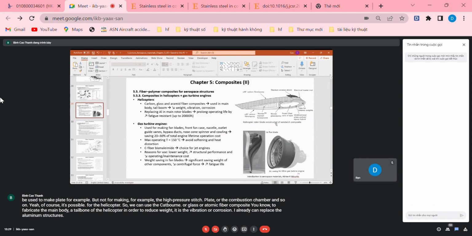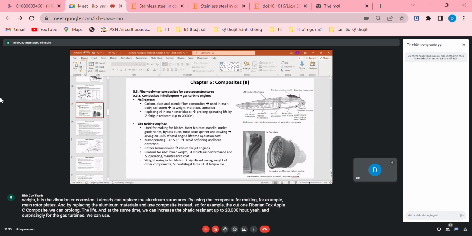Or we can replace aluminum structures by using composite for making, for example, main rotor blades. By replacing aluminum with, for example, carbon fiber reinforced epoxy composite, we can prolong the life and at the same time increase the fatigue resistance up to 20,000 hours, surprisingly.